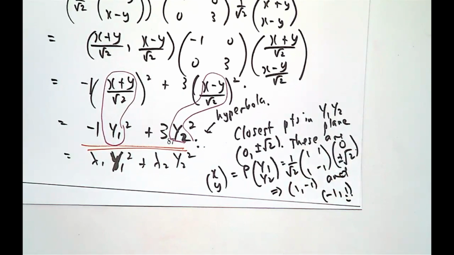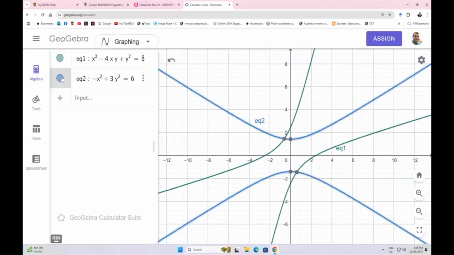Now what else can you tell from this picture? I've put both graphs up there now. When you rotate, does it change the distance between the graph and the origin? Does it change the answer in terms of the closest point or the shortest distance?